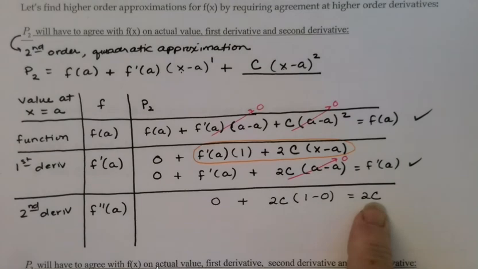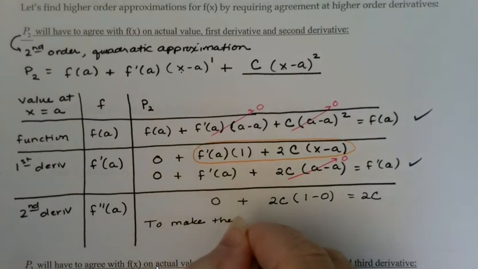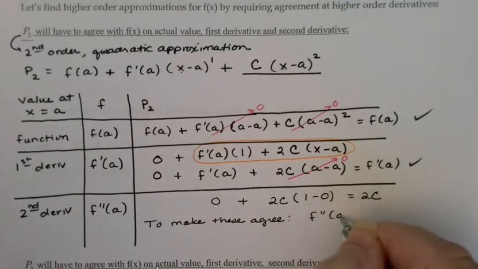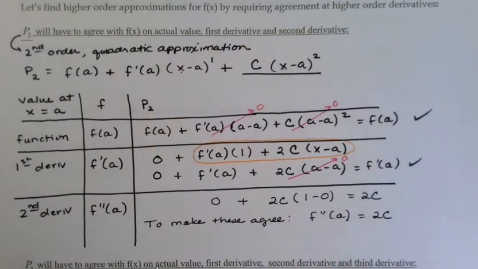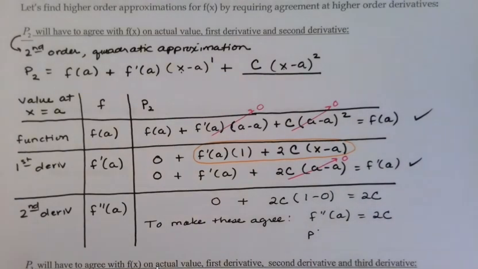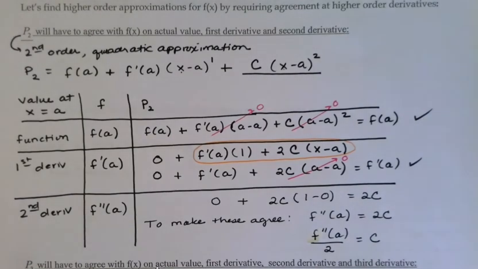Now, I'm trying to figure out what c is. And I want the second derivative to not only exist, I want them to agree. So to make these agree, f double prime of a has to equal 2c, and f double prime of a over 2 is equal to c.